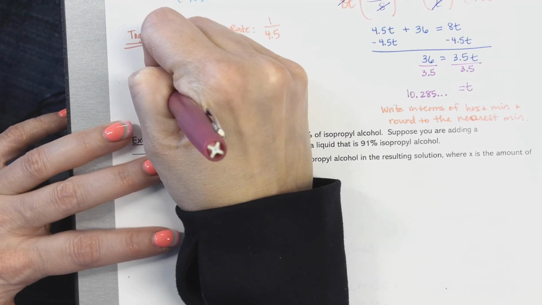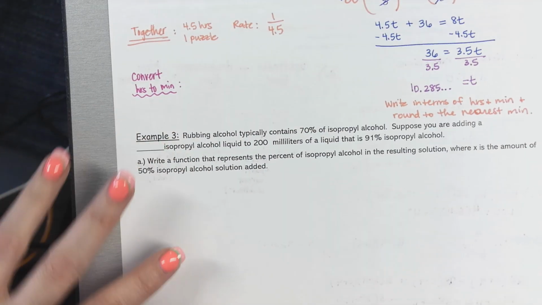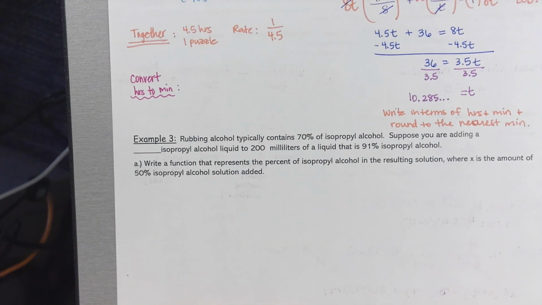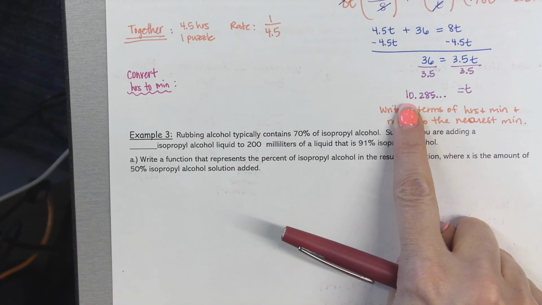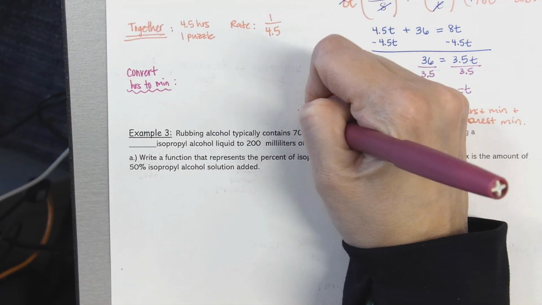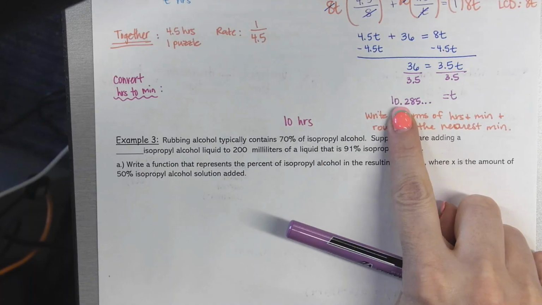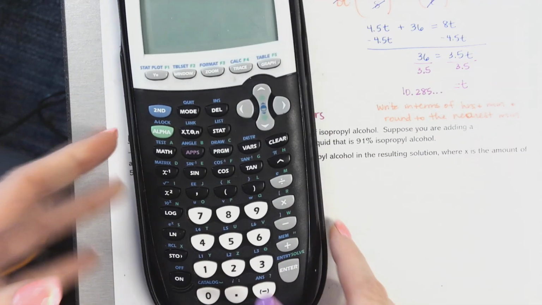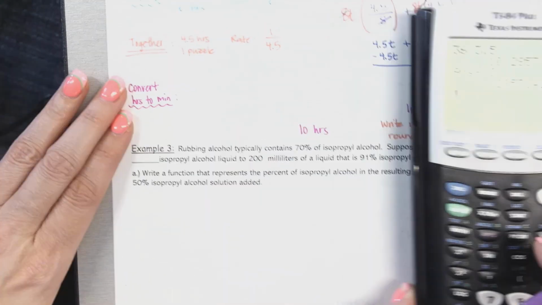Okay, and really, once you guys do this, you don't have to set it up like this, but I want to show you why that works. So in this case, we know that the 10 is going to be our hours. So we know that we're going to have 10 hours. We just have to find the amount of minutes. So we can just subtract 10, because we already know what that is, and then we have to convert this decimal.